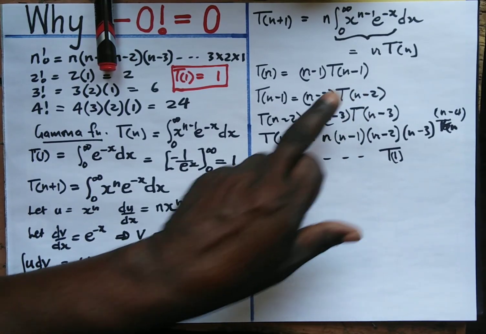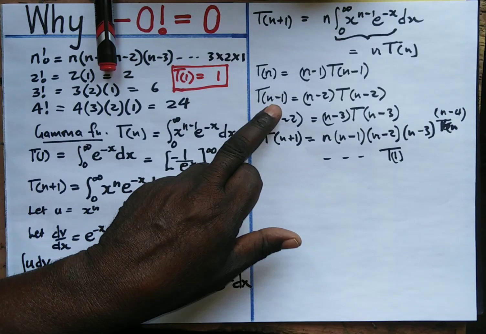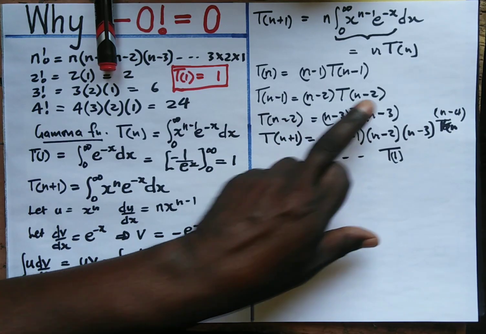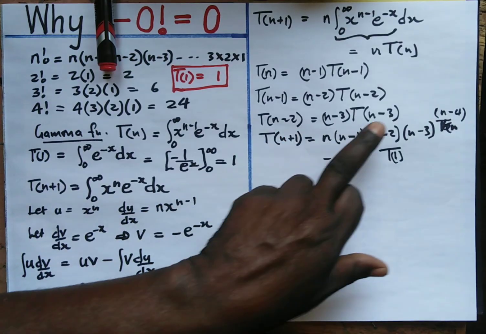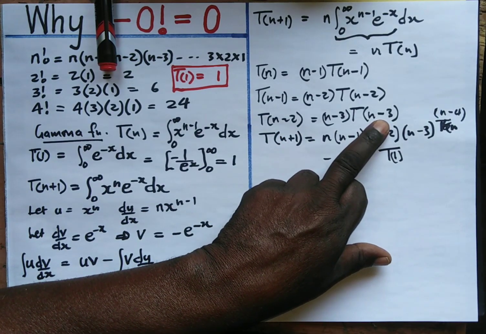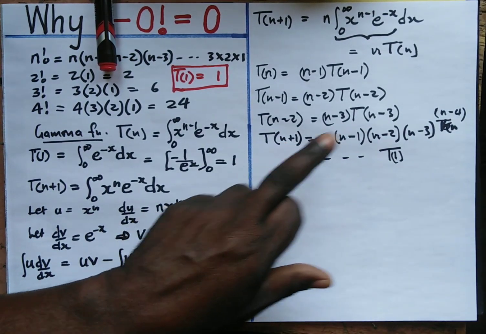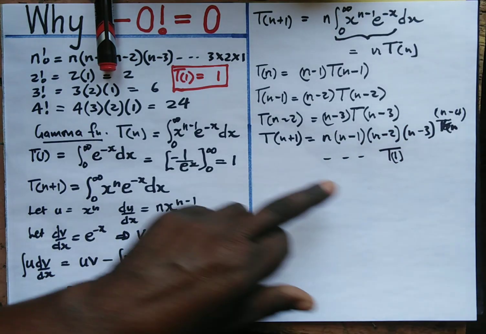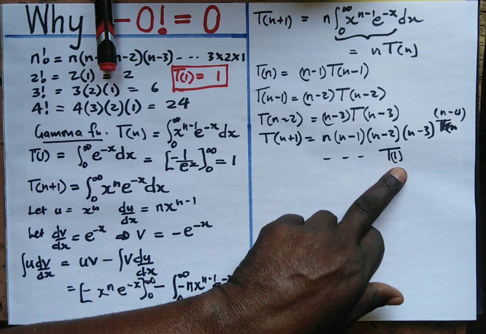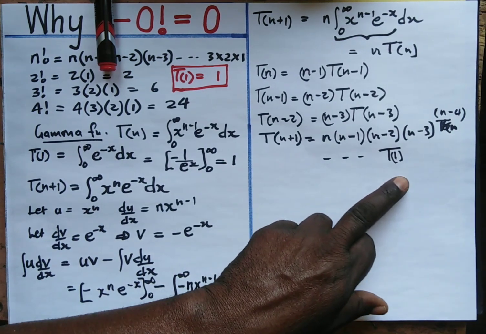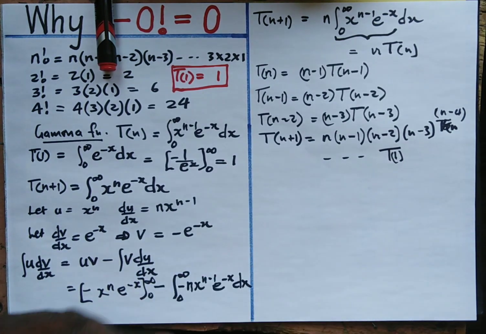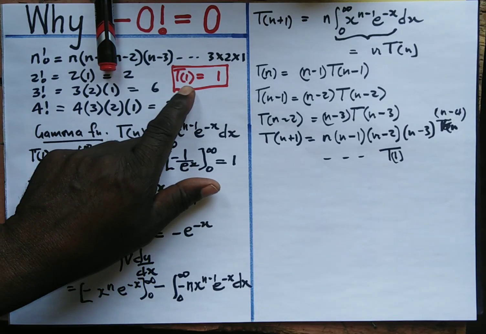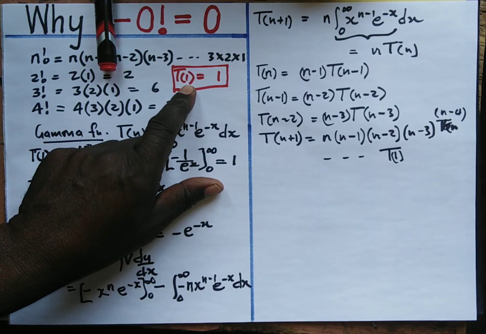But it also means gamma of n minus 1 can be written in terms of gamma of n minus 2, and gamma of n minus 2 can be written in terms of gamma of n minus 3, and gamma of n minus 3 can be written in terms of gamma of n minus 4, etc., until we get to the last term, which will simply be gamma of 1. So, but what is gamma of 1? We have just found out here it is equal to 1.